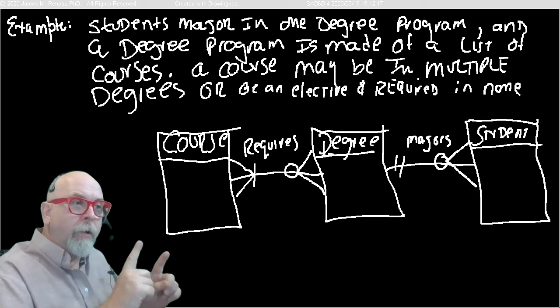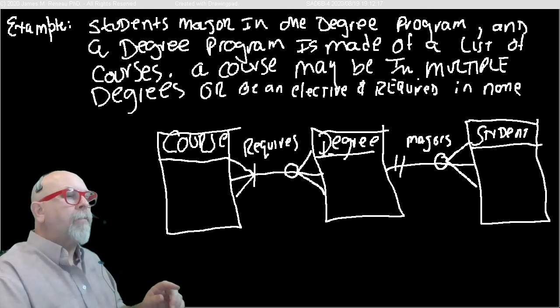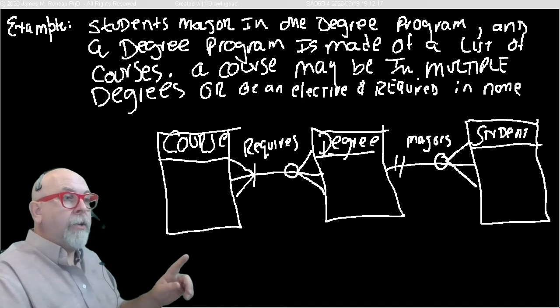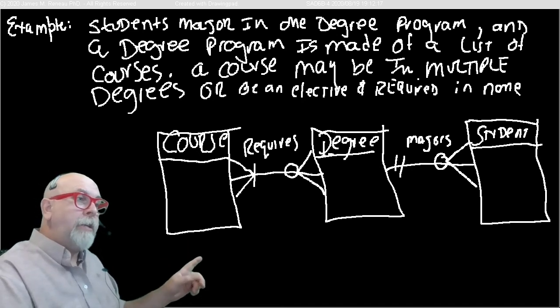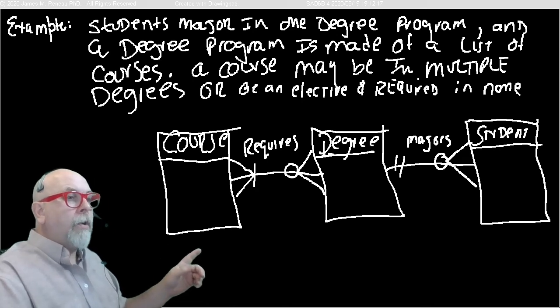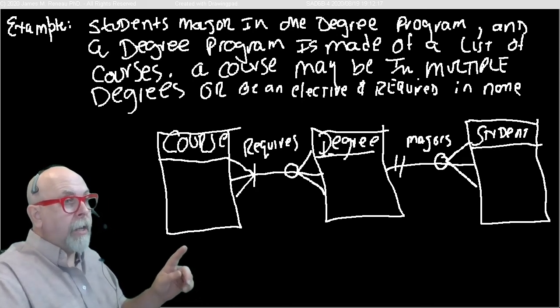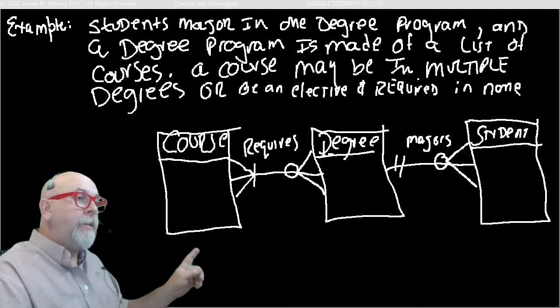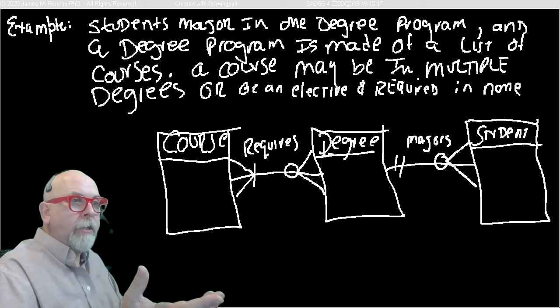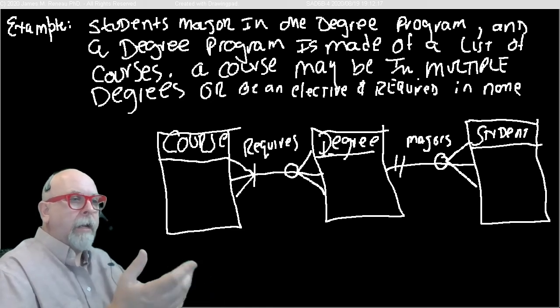Let's just model the problem as given. So a student majors in a degree, and a degree has many majors, many students that major in it. And then a degree requires many courses, and a course is in many degrees, because your English course is in every degree.